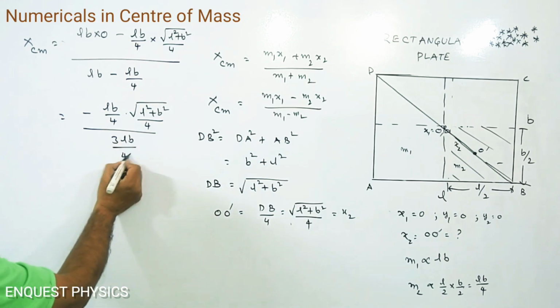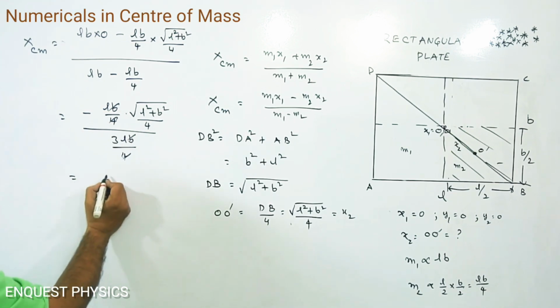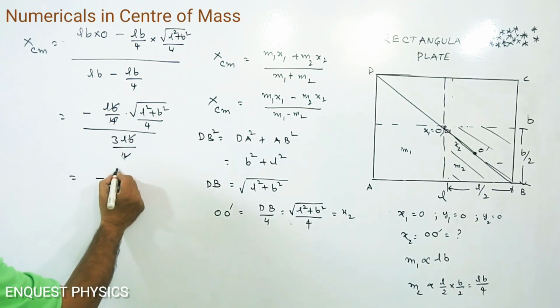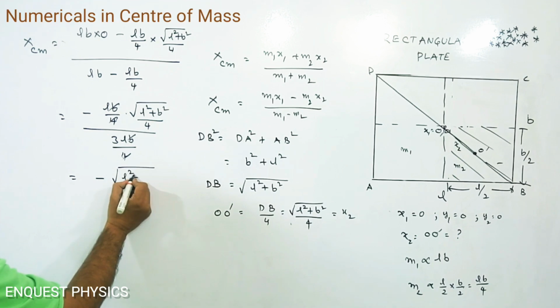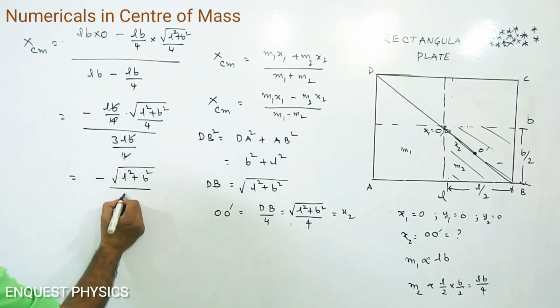Students, where the 4 gets cancelled, and LB, it is minus under root of L squared plus B squared by 12.